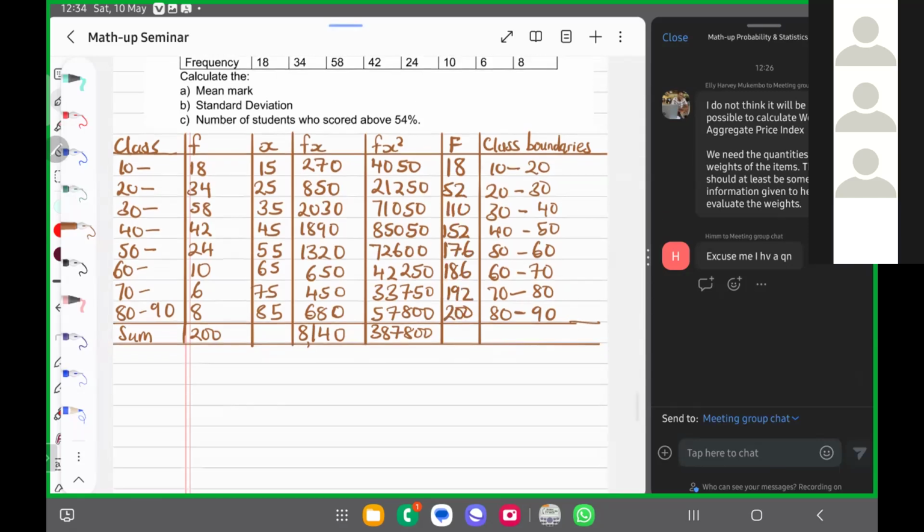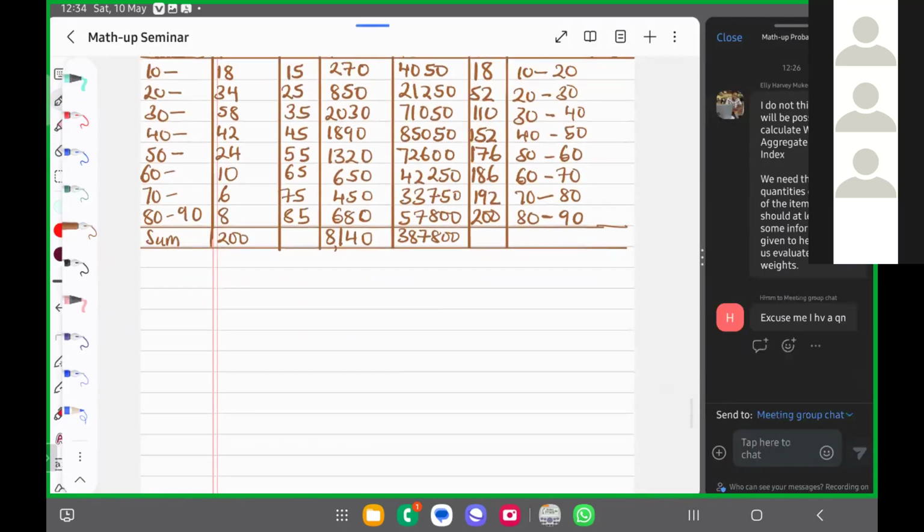Okay, so the mean mark. We know the formula for getting the mean: summation of fx divided by summation of f.